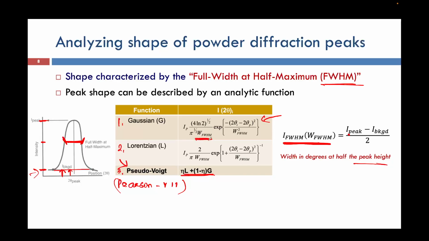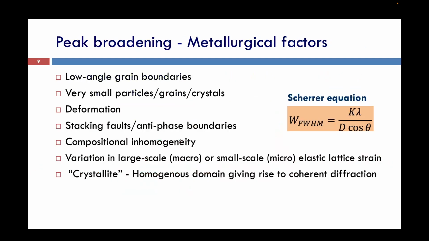We put that FWHM and then try to fit whichever function we want to fit, whether it is Gaussian or Lorentzian, right? And so that is the analysis of a peak.